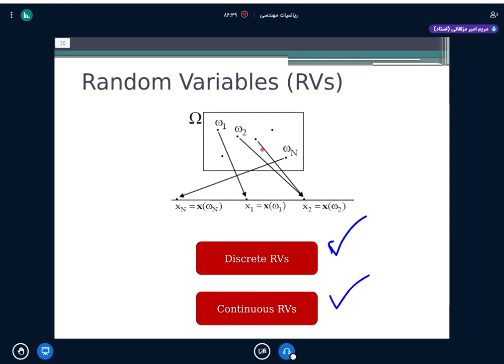And then we talked about random variables. We focused on discrete random variables and continuous random variables, and we said that you should pay attention to the differences between them.